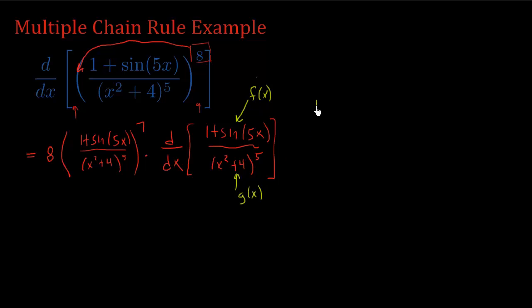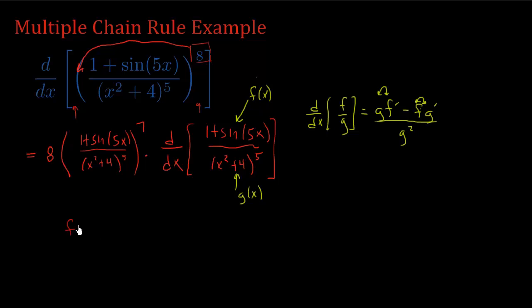Because if you recall, the derivative of a quotient f over g is going to be g f prime minus f g prime, all over g squared. And again, you can flip these two around depending on how you learn the rule. So let's go ahead and find out what f prime and g prime are.